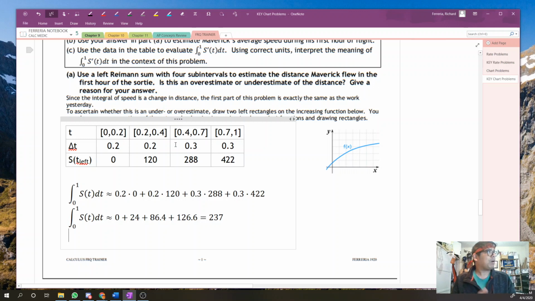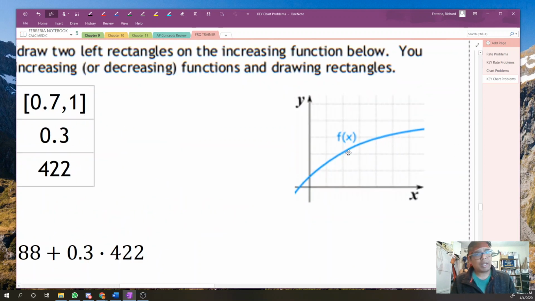The next part is, is this an overestimate or an underestimate? And there's no real elegant way of doing that. So what I'm going to say is here on the right side of the page, this is an increasing function, like we know Maverick's velocity is an increasing function. And we're supposed to be doing a left Riemann sum. So to simulate that, we're just going to draw left rectangles into this function.